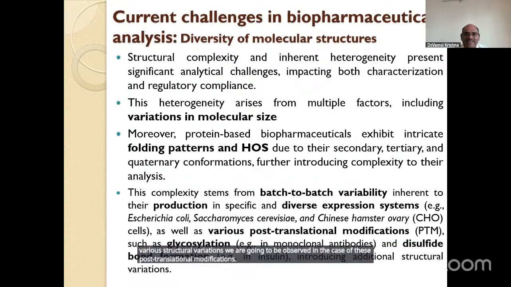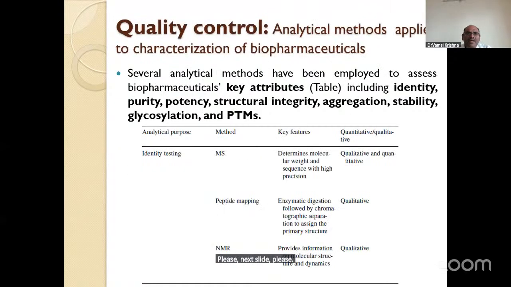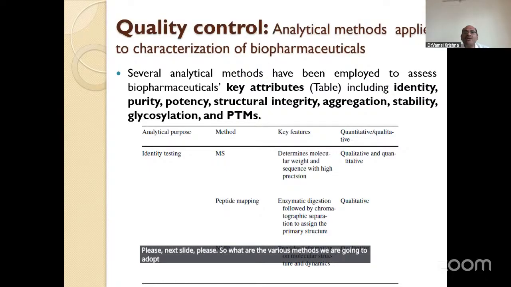Next slide, please. What are the various methods we adopt for the quality control of these biopharmaceuticals? What are the key attributes we test in quality control?